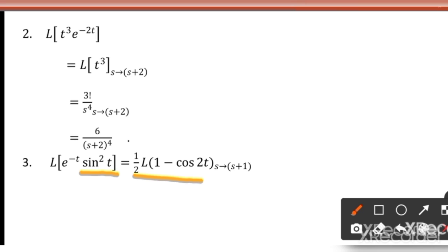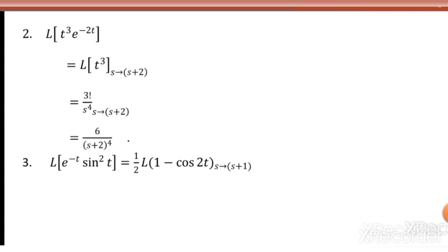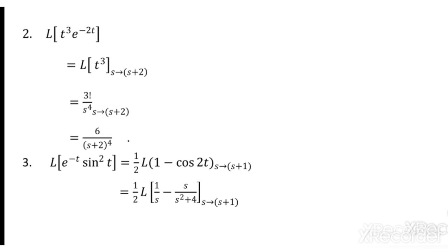So that's why we take the Laplace transform of 1 minus cos 2t. The result is half times 1 by s minus s by s square plus 4. After substituting s by s plus 1, we get half into 1 by s plus 1 minus s plus 1 by s plus 1 square plus 4.